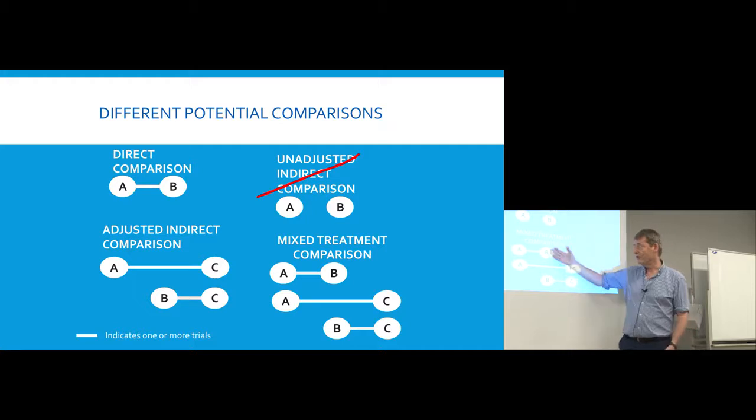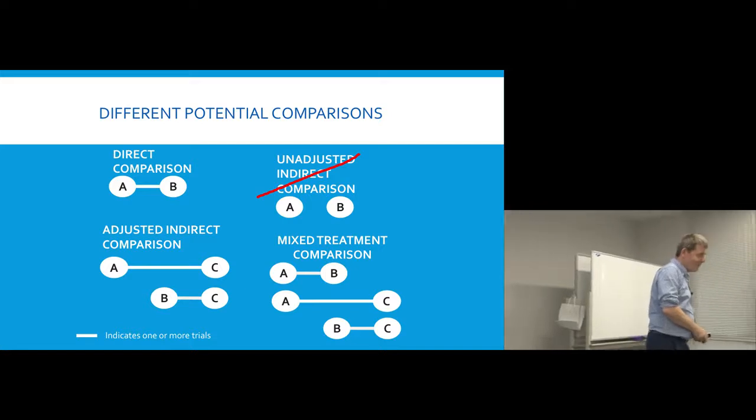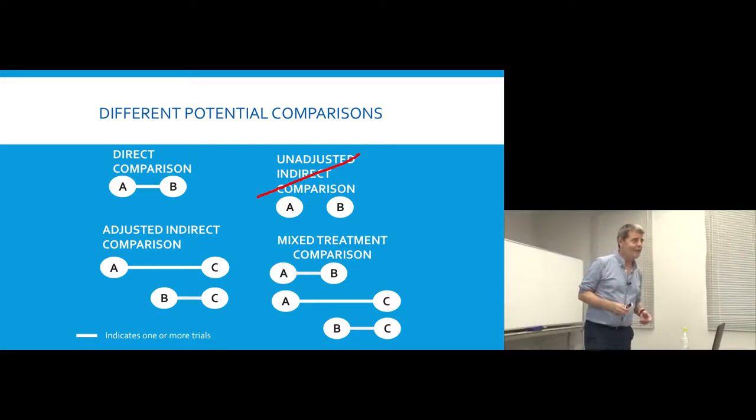Of course, there's an issue of how you combine information, and also what weight you should give the direct comparison compared to the weight given to the indirect comparison. But it's quite clear, at least to some people, that you should at least use all the information.